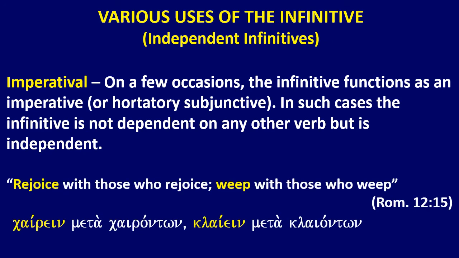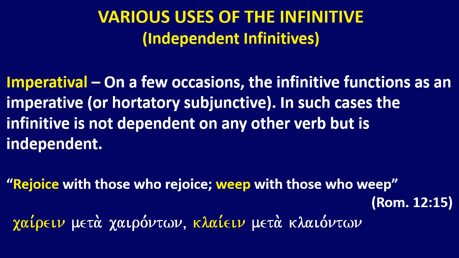Let's give you an example here. Romans 12, verse 15. Rejoice with those who rejoice. Weep with those who weep. Here you have the present active infinitive of chairo as well as klaio, to cry or cry out, and to rejoice. And so, in these instances, the infinitive is not related to any other verb in the sentence, and thus it's not an adverbial use of the infinitive.